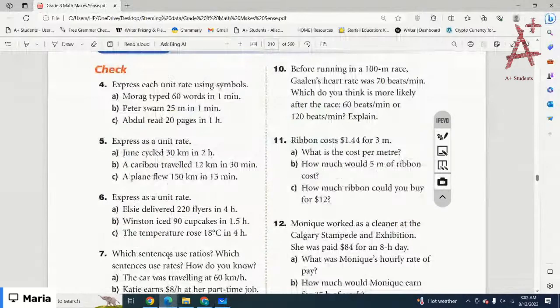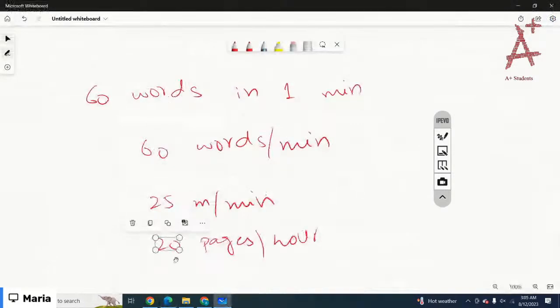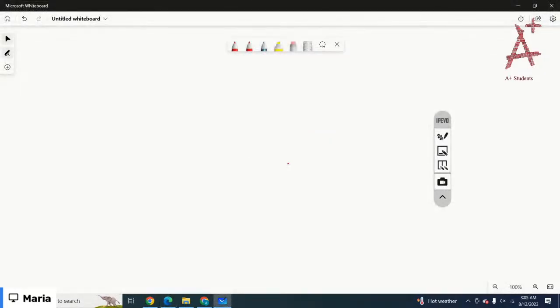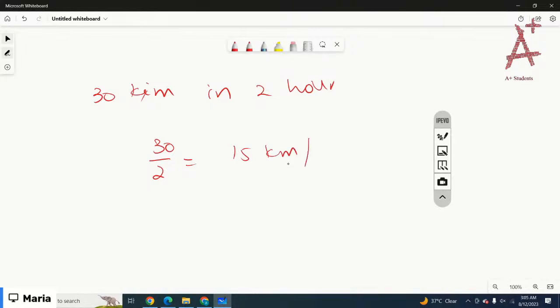So you have to do 30 over 2. 30 over 2 means 15 kilometers. That means in 1 hour he can do 15 kilometers per hour, right?